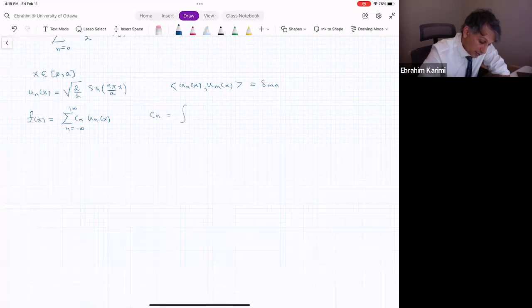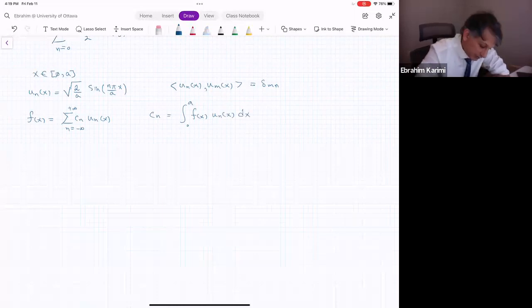Cn is given by the integral from 0 to a of f(x) un(x) dx.